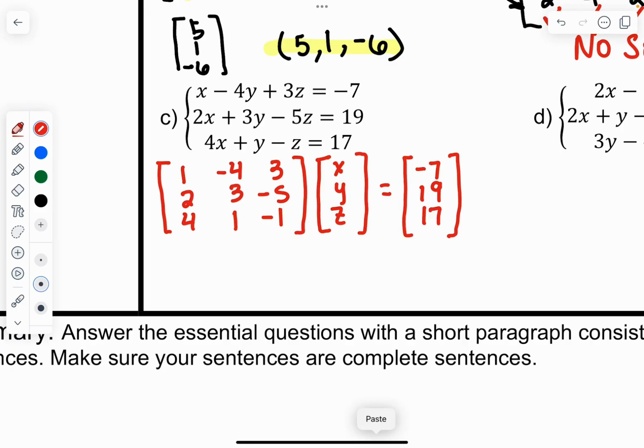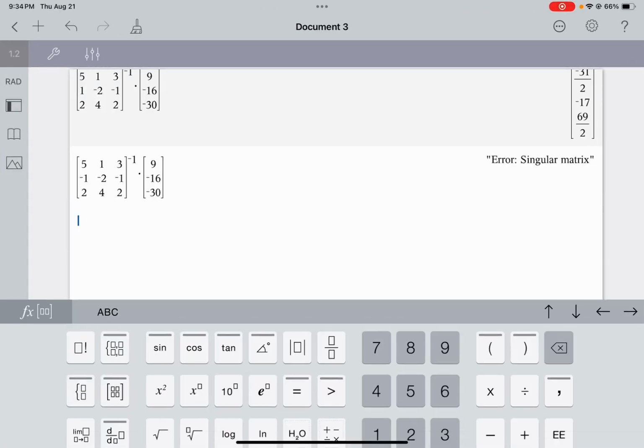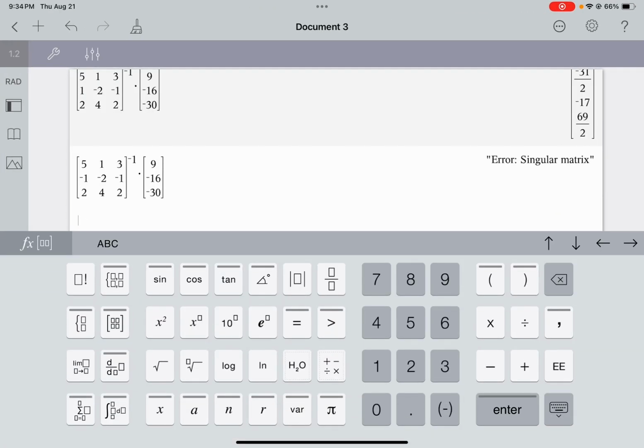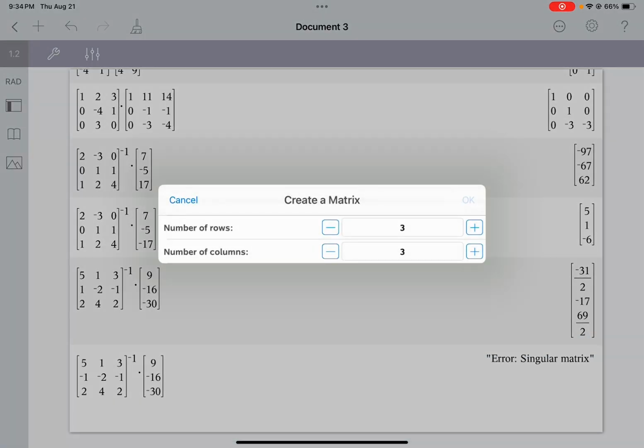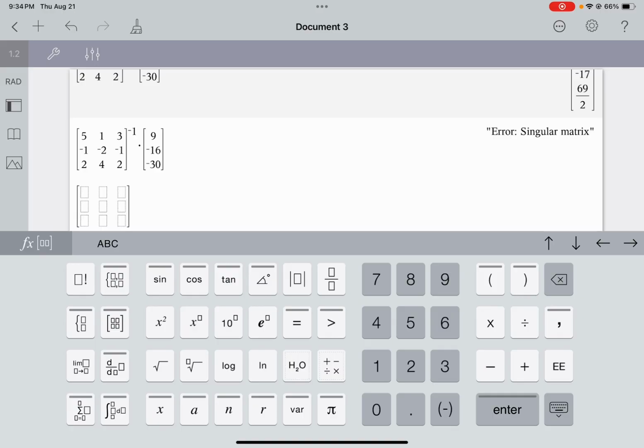So now we go to our calculator to do A inverse times B. So here we go. 3 by 3. We have 1, 2, 4. 1, 3, -4. 3, -5, and -1.